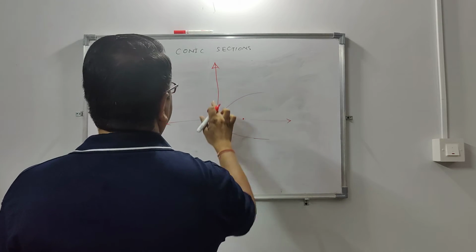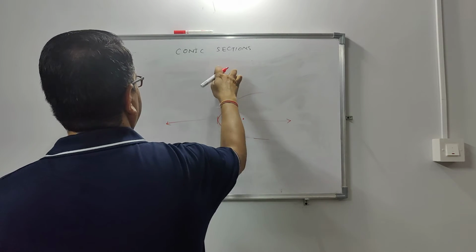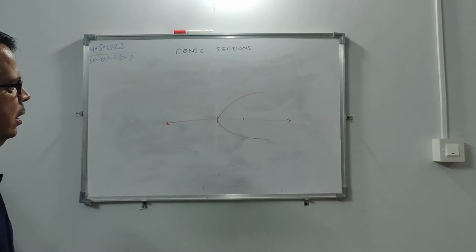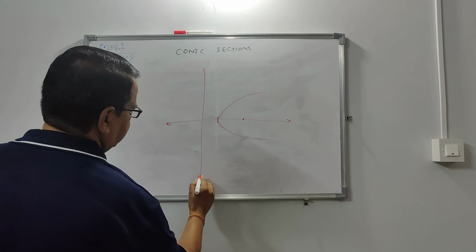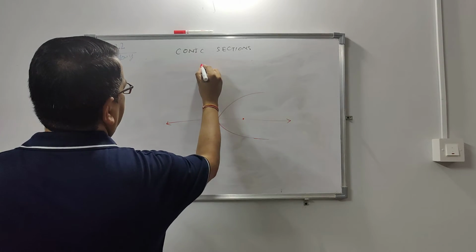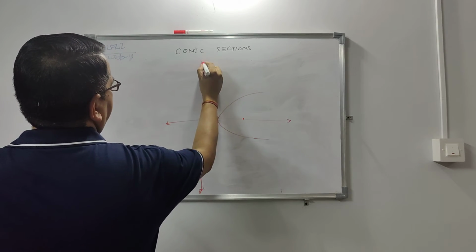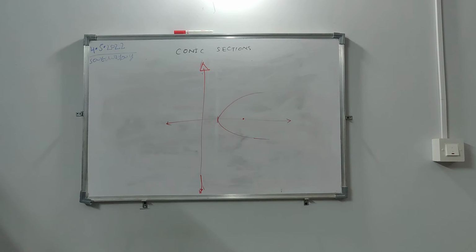Actually, it is a little bit away from the axis. In the generalized case it is not at the origin, so the vertex is not at 0, 0. The vertex is at some other point, a comma b.